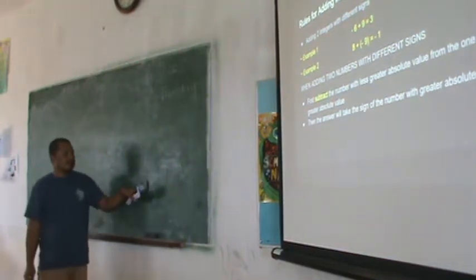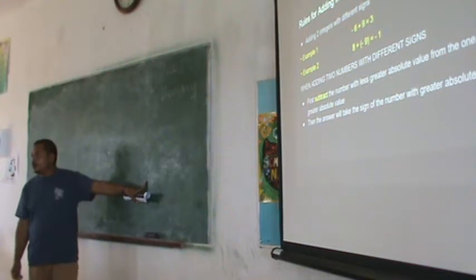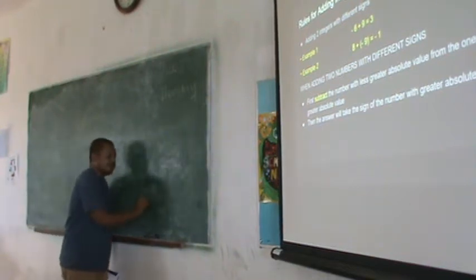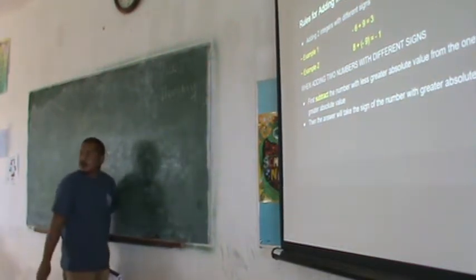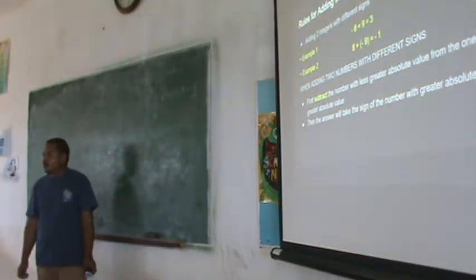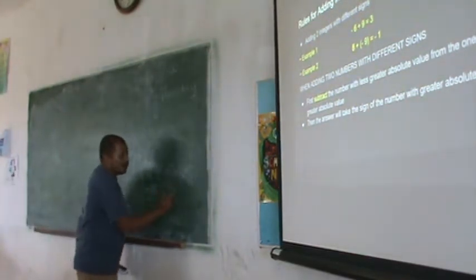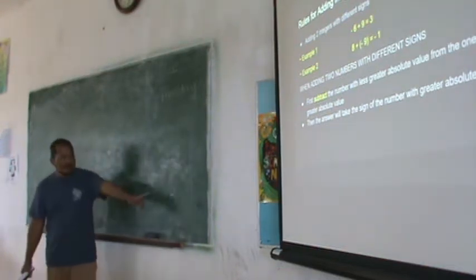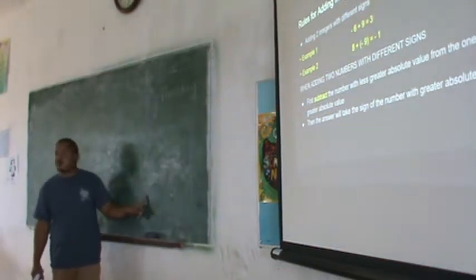What's the absolute value of negative 2? Positive 2. What is the absolute value of 3? Negative 3 or positive 3? Positive 3. Why is this one positive and why is this one also positive?